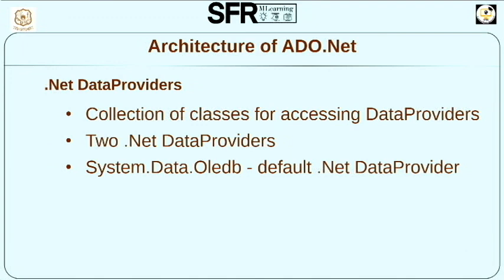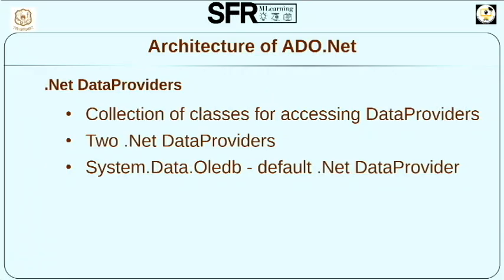The next one is the ADO.NET data providers. It is a collection of classes for accessing a data source. The data sources can be Microsoft SQL Server 2000, SQL Server 7 and MSDE. An OLE DB provider covers Oracle, JET and SQL OLE DB providers.